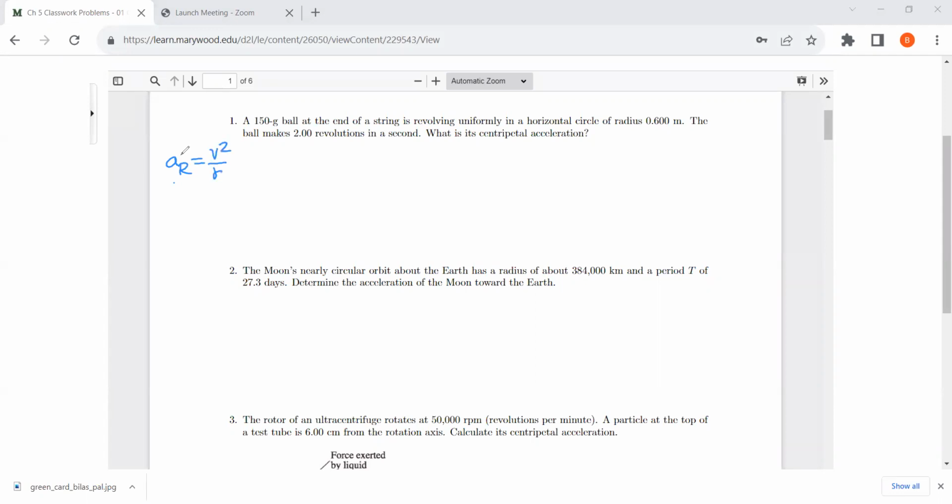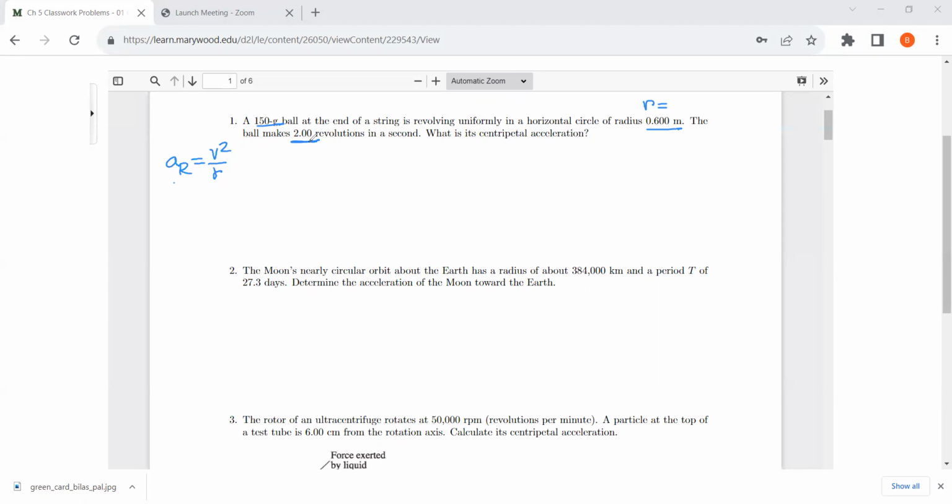Here we are given the radius, which is 0.6 meter, and we are given the mass of the ball and something. It says that the ball makes 2 revolutions in a second.